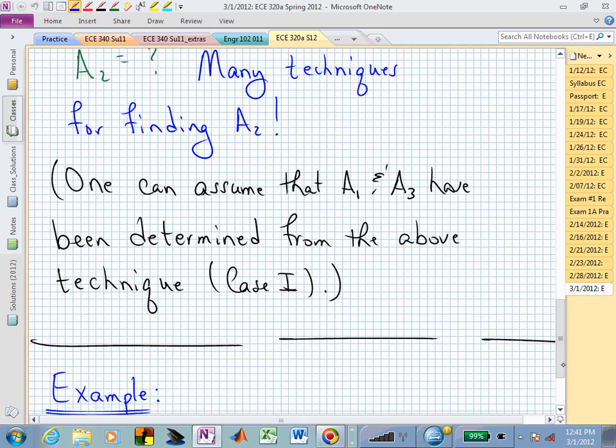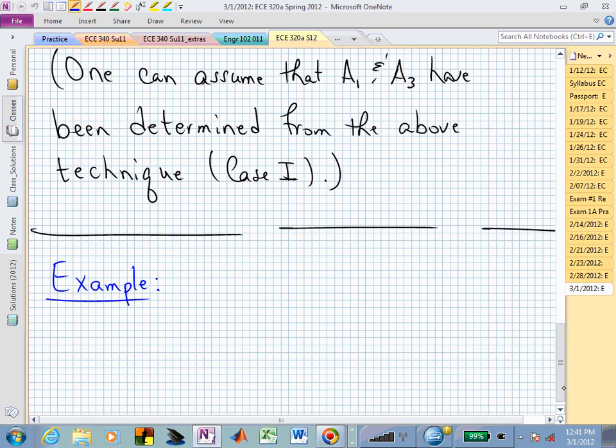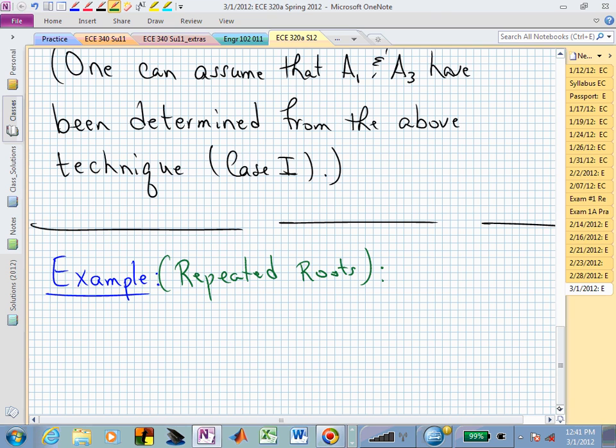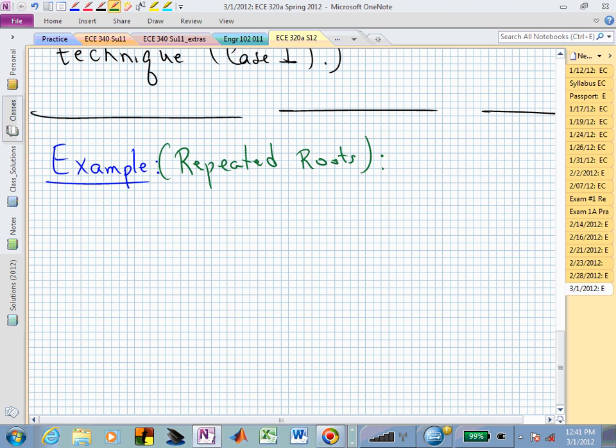If we are at that location, let's now look at an example where this is now the case for repeated roots. And in particular, let me just say that f of s is now this, 2s plus 1 over s plus 1 squared times s plus 2.